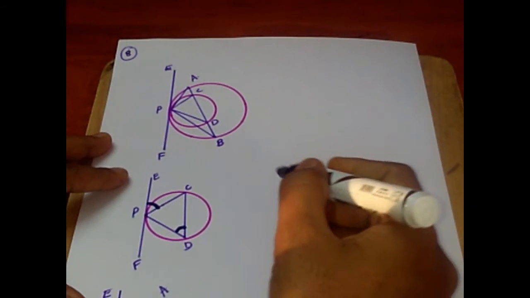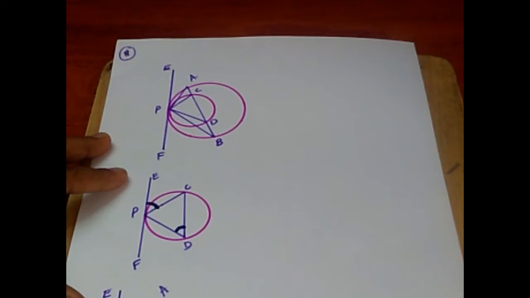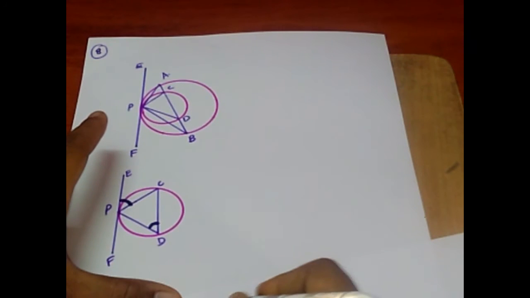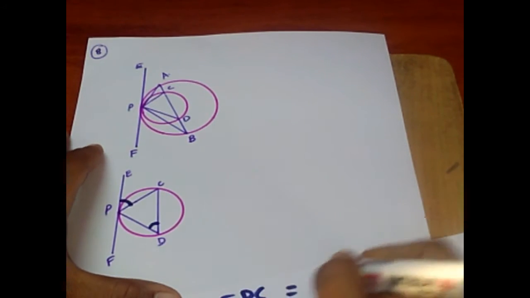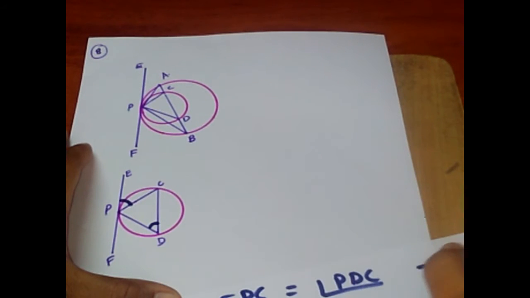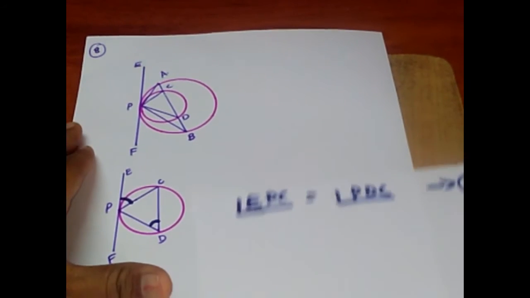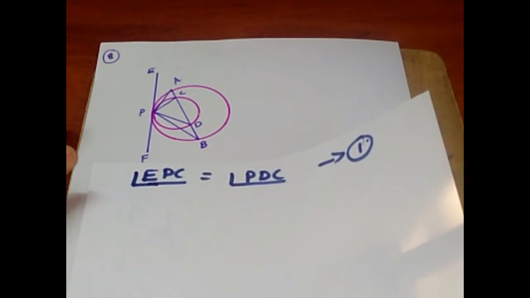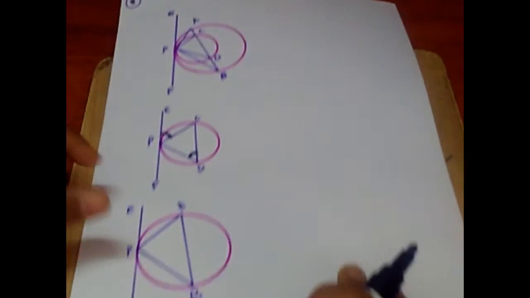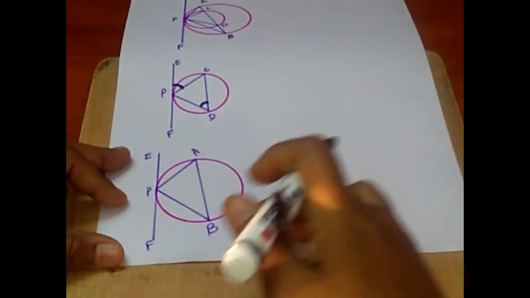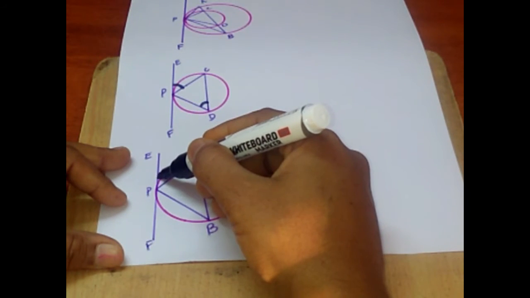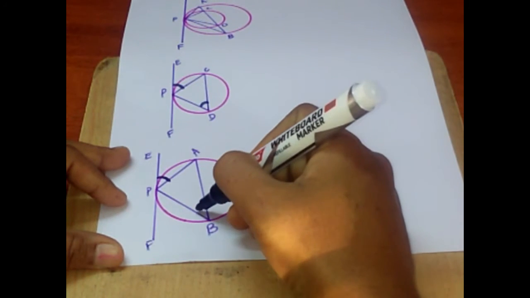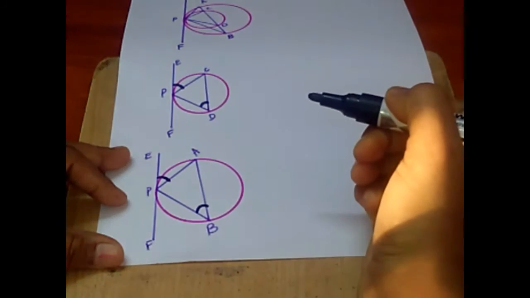Let us write the first reason. Angle EPC is equal to angle PDC. Mark it as result number 1. In the same way, children, consider the other circle, that is the bigger circle. Here also at the point P, the intersection point of a tangent and a chord AP, the angle in the alternate segment is angle ABP.